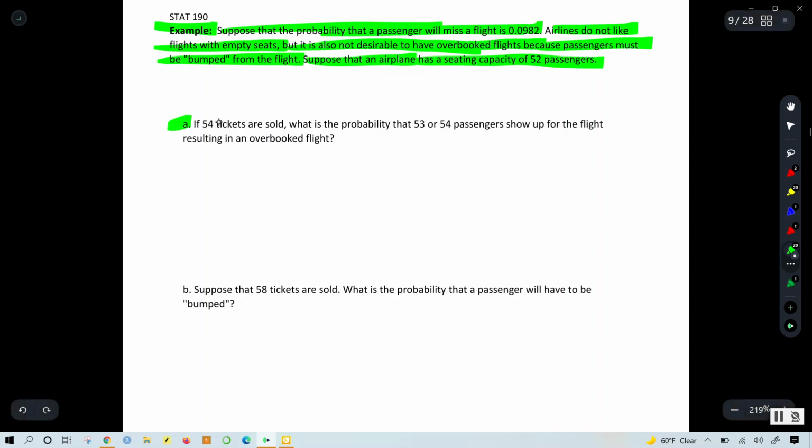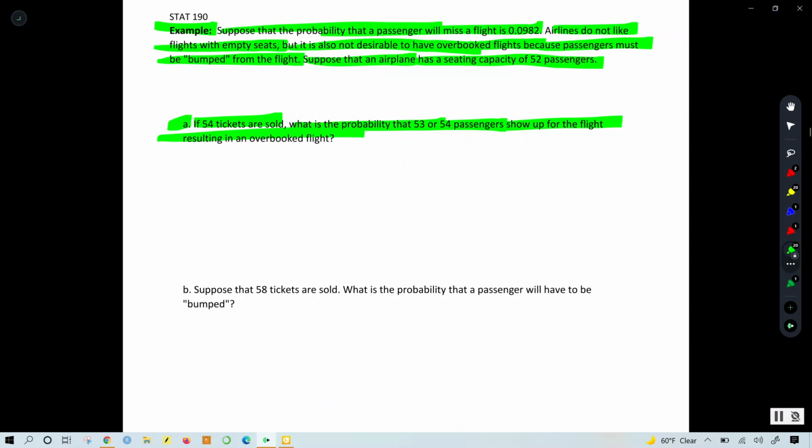Question A. If 52 tickets are sold, what is the probability that 53 or 54 passengers show up for the flight, thereby resulting in an overbooked flight? Let us unpack this problem. As it stands, in this context, what constitutes a trial?